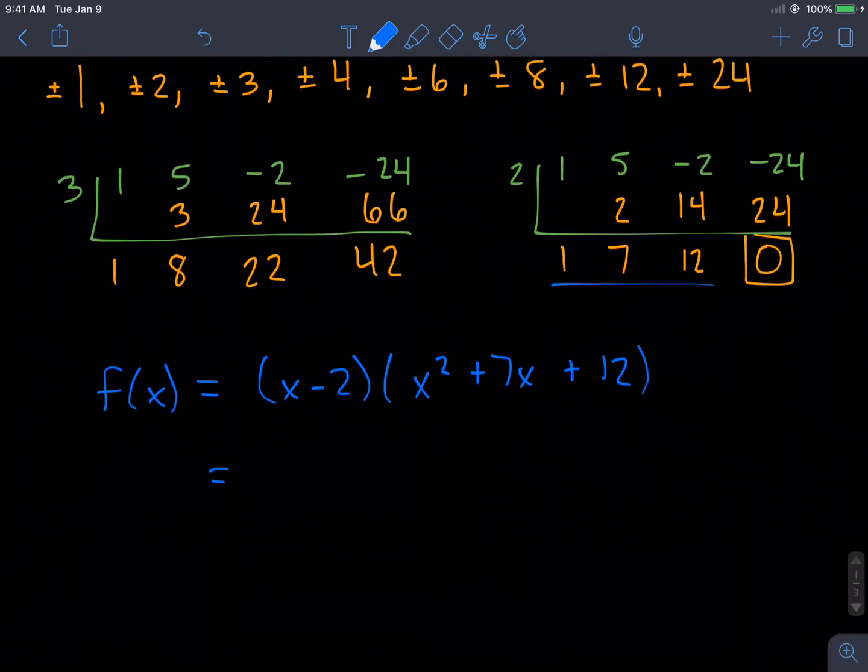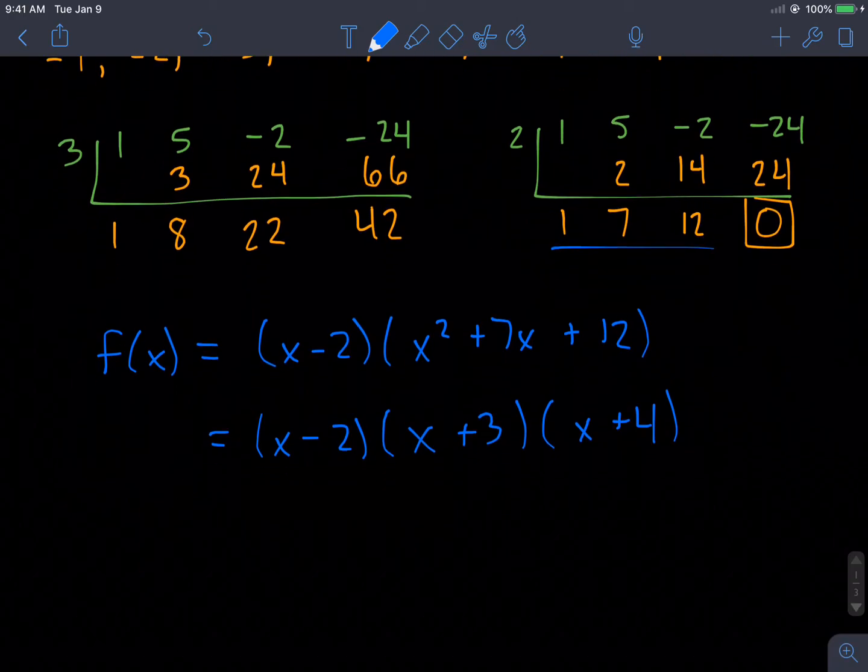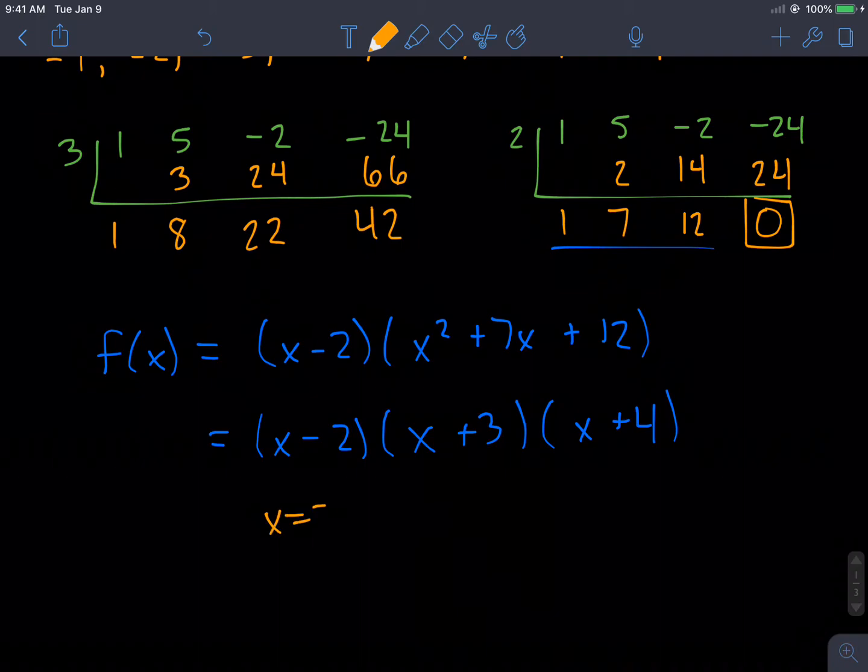Does x squared plus 7x plus 12 factor? Multiplies to 12 and adds to 7. That's going to be x plus 3, x plus 4. So the zeros, what we're ultimately looking for in the end, are x equals 2, x equals negative 3, and x equals negative 4.